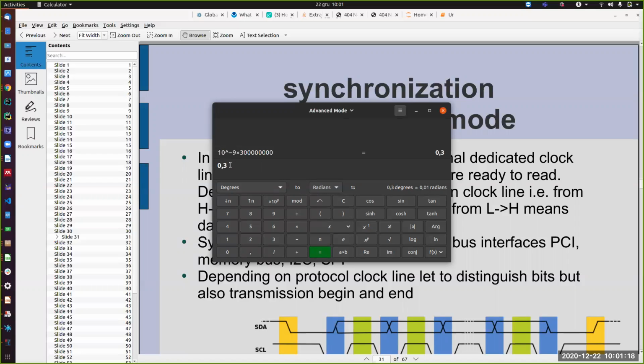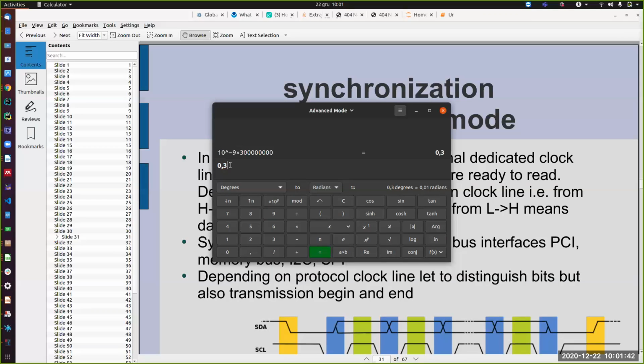So you can see that it's 30 centimeters in vacuum. But if we assume that we send data by wire, the electromagnetic wave flows slower than light in vacuum.